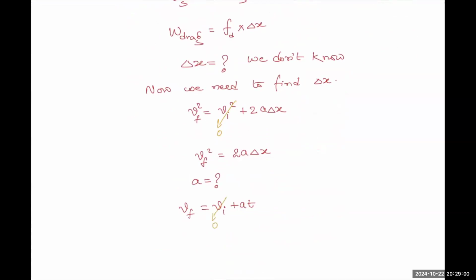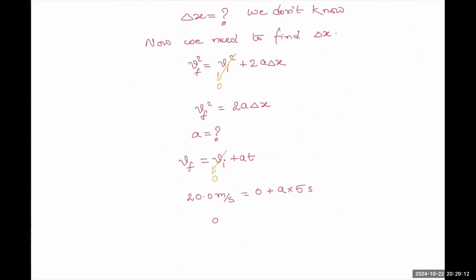So from this, my Vf is 20 meters per second equals 0 plus a times 5 seconds. So what is my a? It is 4.0 meters per second square. Right? Make sense?